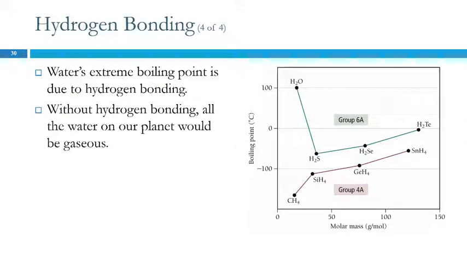Because water has hydrogen bonding, it has some rather extreme properties. This is a graph showing boiling point versus molar mass, and we have group 4A elements bonded to hydrogen and group 6A elements bonded to hydrogen. And we see that there's a trend here.